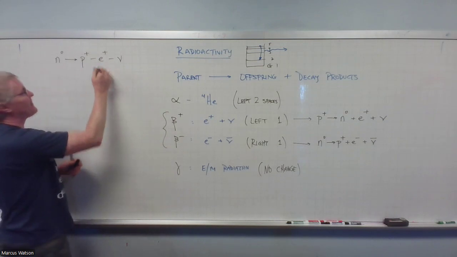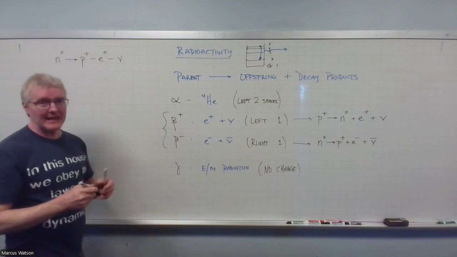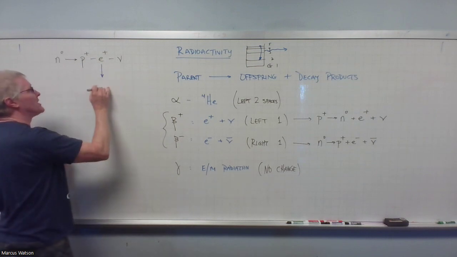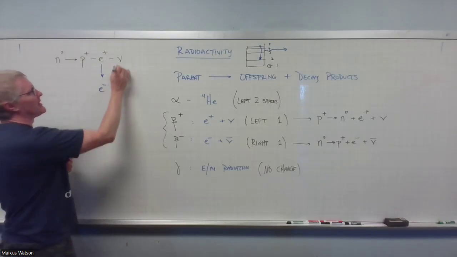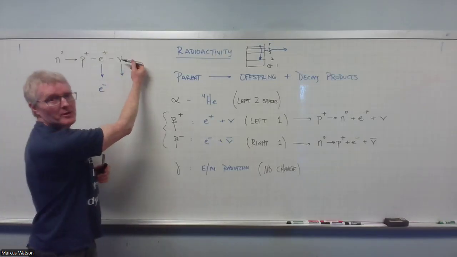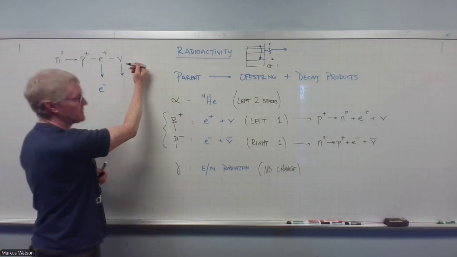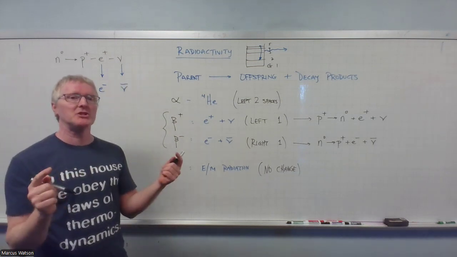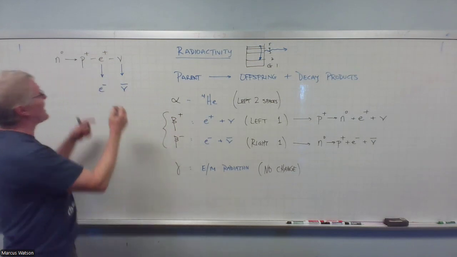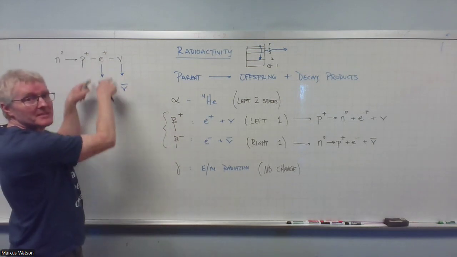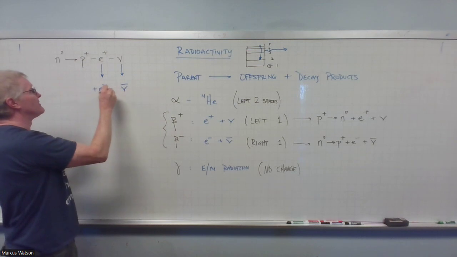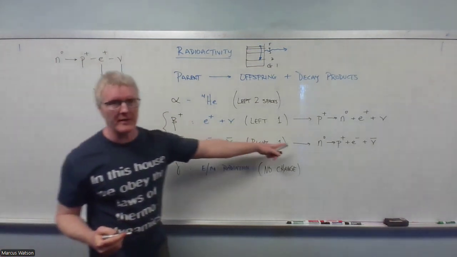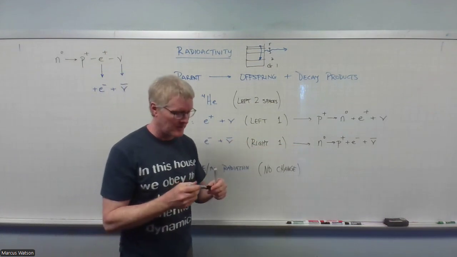The antiparticle to the anti-electron is just the electron, so I could change that into an electron. The antiparticle to the neutrino is the anti-neutrino. But when I do that, I have to change the algebraic sign, and that means I change both of these minuses to pluses. If I just leave these two the way they are, then you'll notice I'm recovering this.